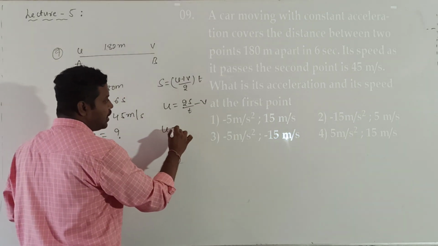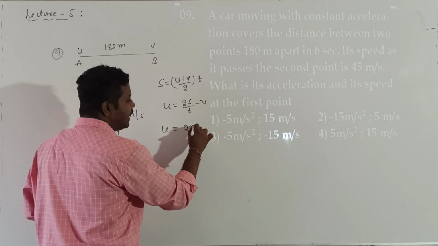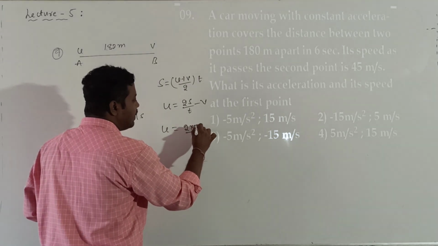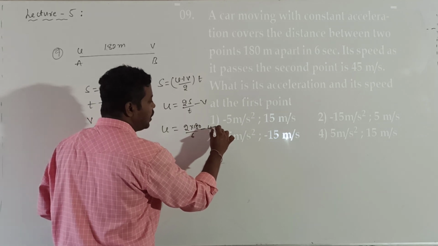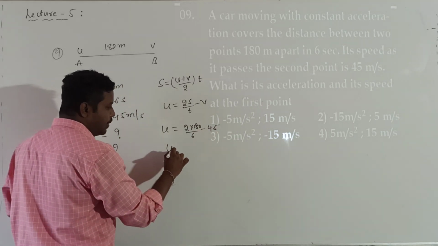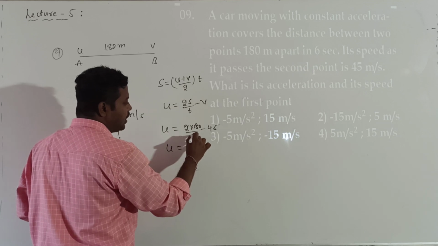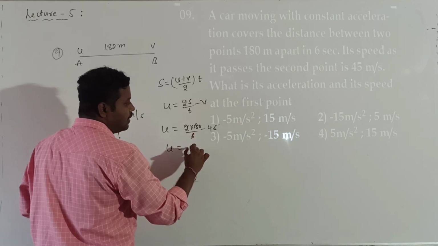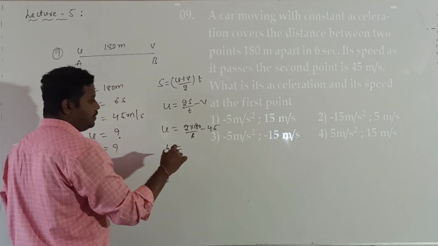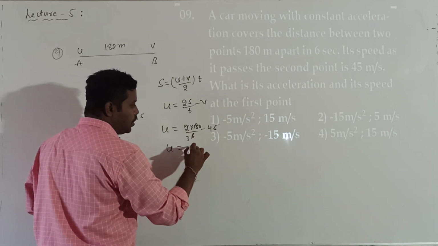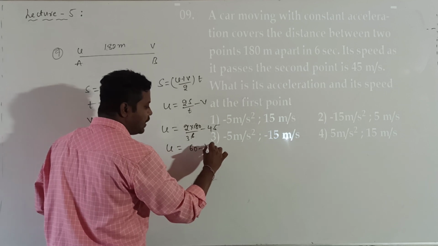Can I substitute the values? Then u is equal to 2 into s, which is given as 180, divided by t, which is given as 6, minus v, which is 45. So 2 into 180 by 6 is 60, so the u value will be 60 minus 45.